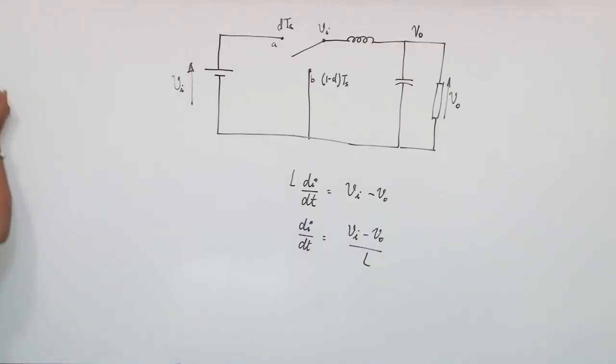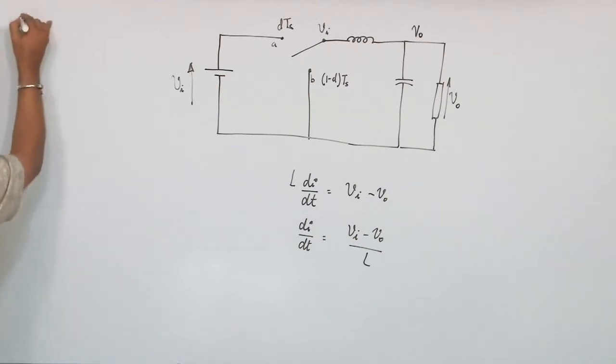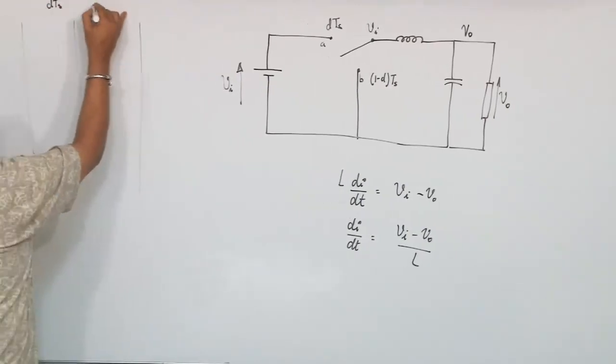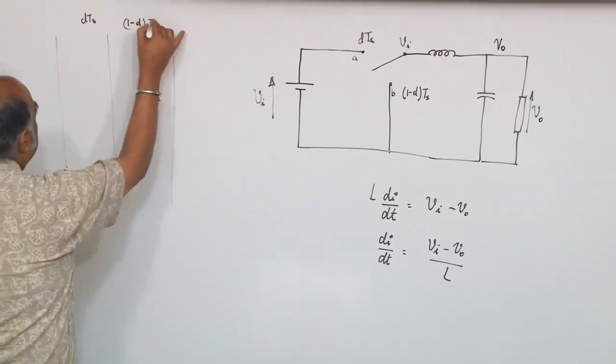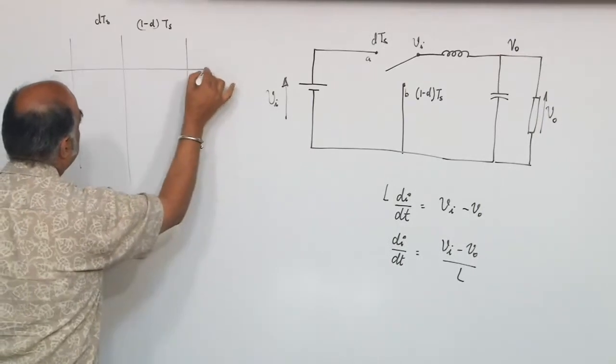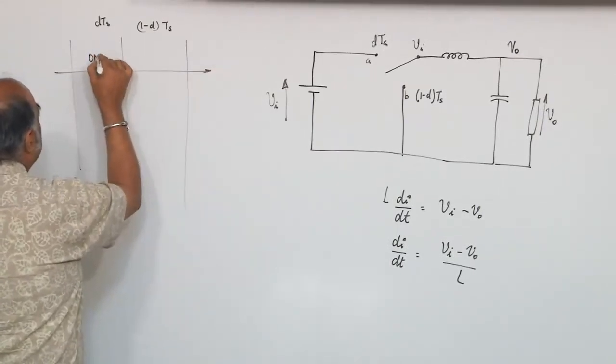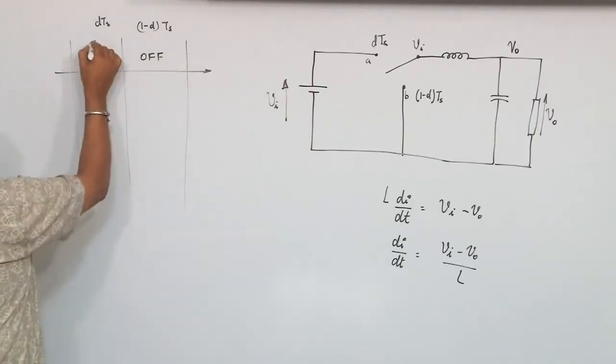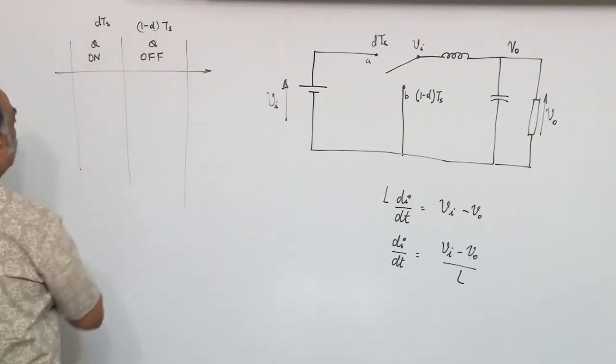So, in the steady state, this is dTs time and this is 1 minus d Ts time. So, this is the on and off time of Q, Q on, Q off.